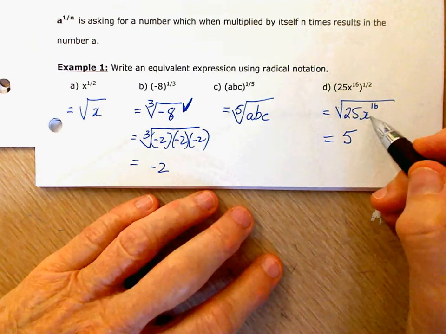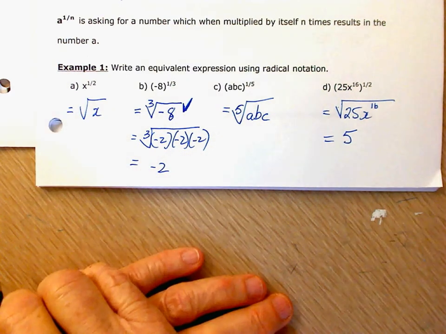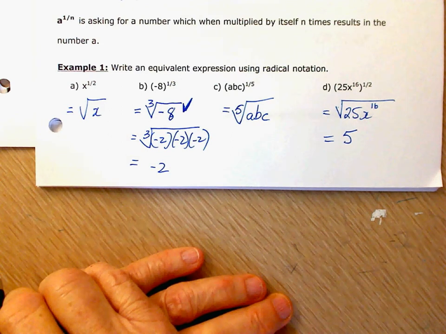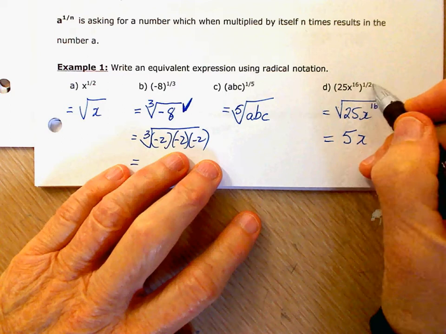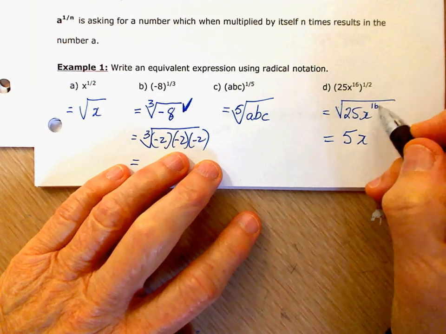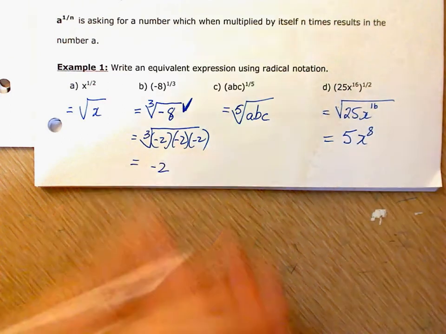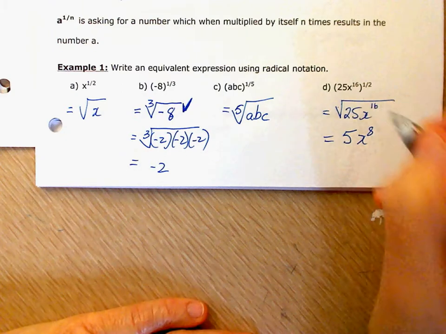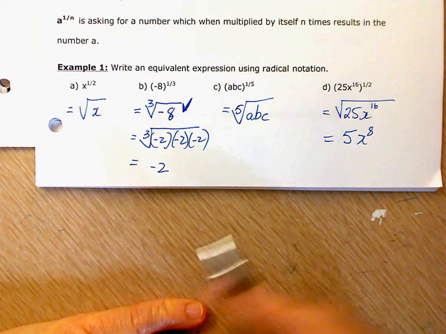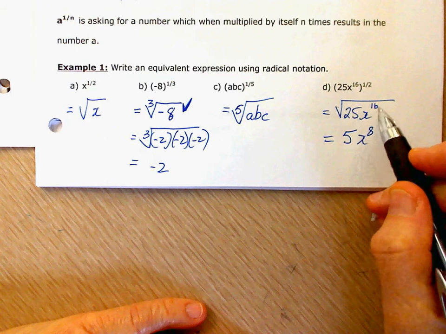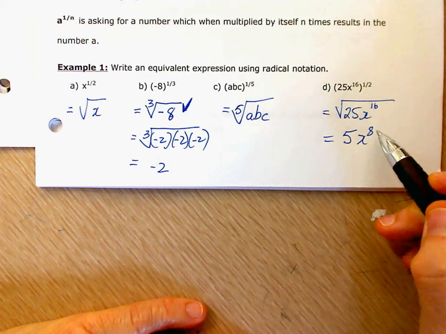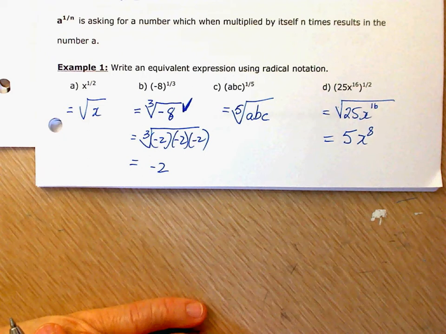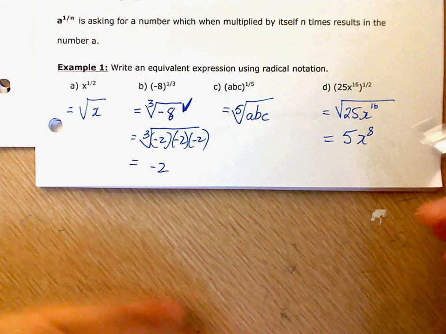And the square root of x to the 16? 16 times a half? 8. You took the square root of 16, but that's not what it is. The square root of x to the 16 is 16 times a half, which is x to the 8. Do you see the difference? That's important.